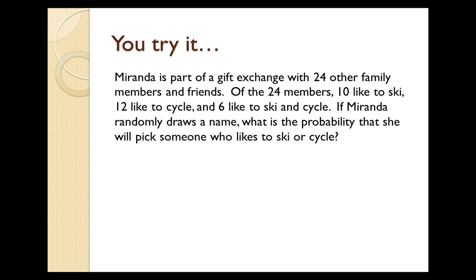Well, we can use the shortcut we saw previously for probability. So the probability that somebody likes to ski or cycle is the probability that they like to ski plus the probability that a random person likes to cycle minus the probability that someone likes to ski and cycle.